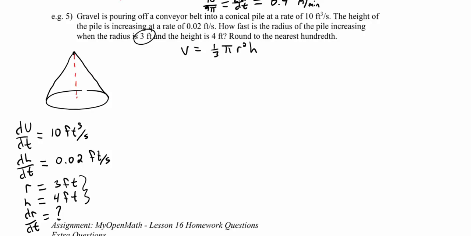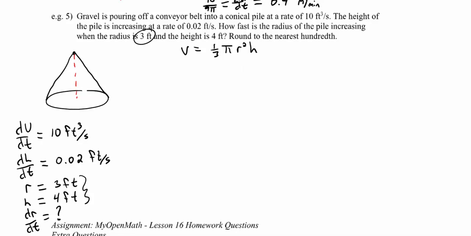So those can't go in yet. There's no relation I can make to get rid of the r and put it in terms of h. And I actually want to know the rate of change of r, so I want to leave that in there. When I take the derivative, I get a dr/dt waiting for me there, so I want to just take the derivative as it is.